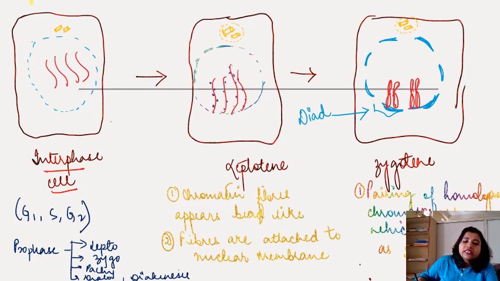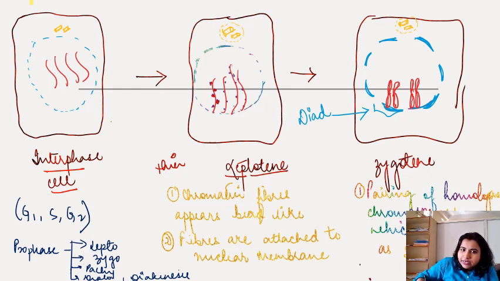Here, this is the very first stage of prophase, that is leptotene. Leptotene comes from 2 words, lepto plus tene. Lepto stands for thin and tene stands for thread. These are the chromatin fibers, which in leptotene appear bead-like.